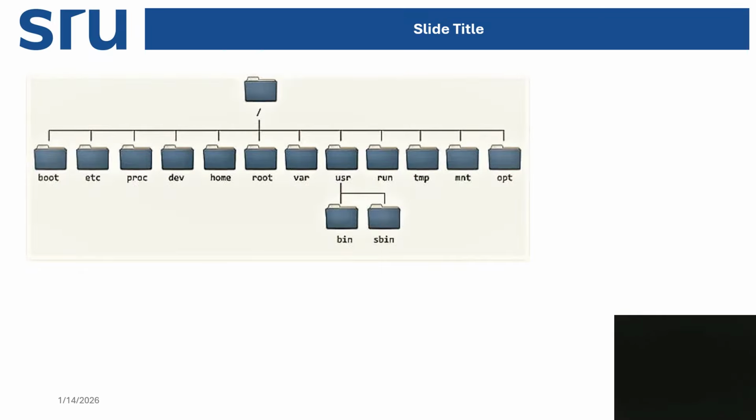Here, slash is the root directory. Under slash you can find different directories: boot, etc, proc, dev, home, root, var. Under usr you can find two more, bin and sbin. Next, run, tmp, mnt, opt, media, etc.